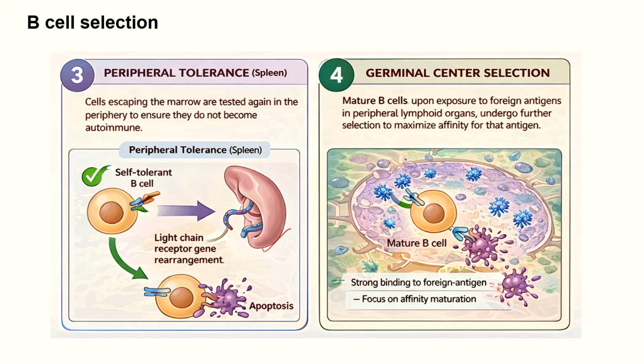The whole idea is that the body maintains a homeostasis such that if cells escape from central tolerance, they should undergo peripheral tolerance, where the cells are eliminated either by receptor editing or by clonal deletion. We will see how this is critically synchronized so that self-reacting antibodies are not produced in the body. But even after all these phenomena, there could be a possibility that the body may react to the self-antigen, and people may suffer from diseases such as autoimmunity.